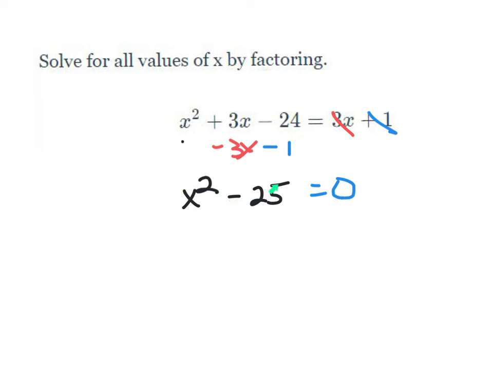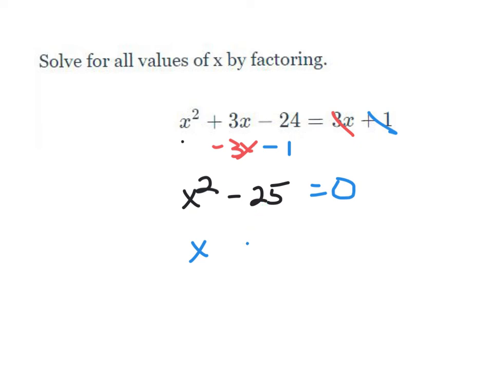Well, if you remember, this is the difference of two squares. The square root of x squared is x, and the square root of 25 is 5.